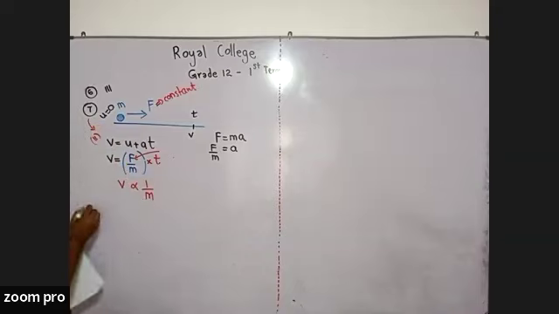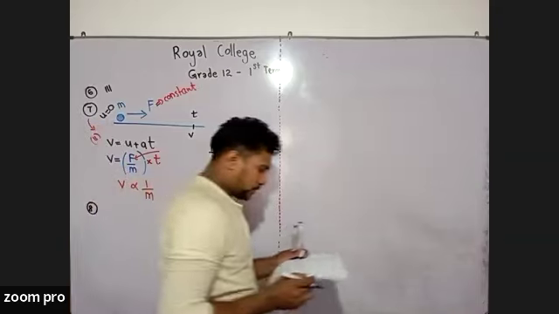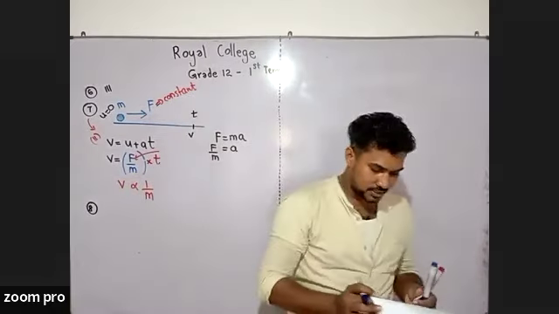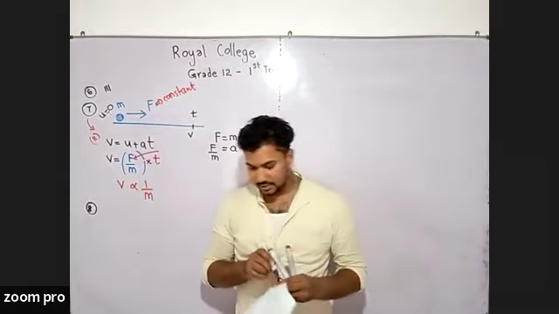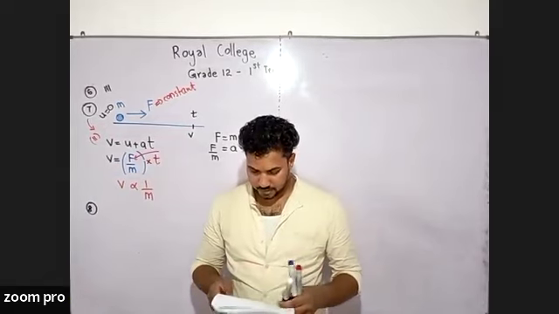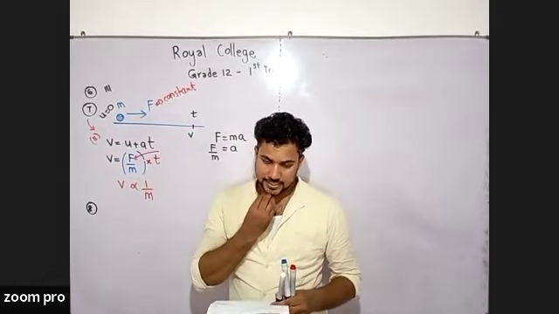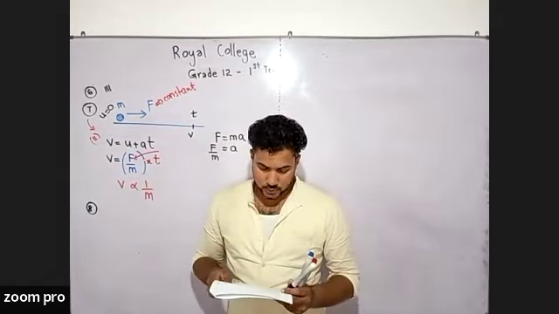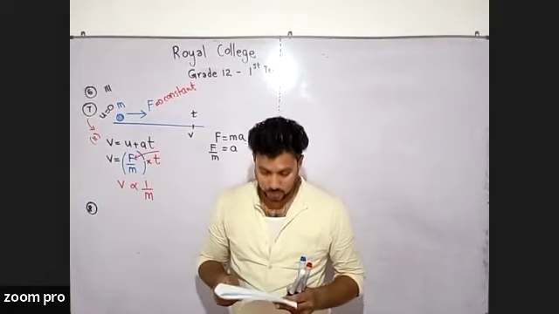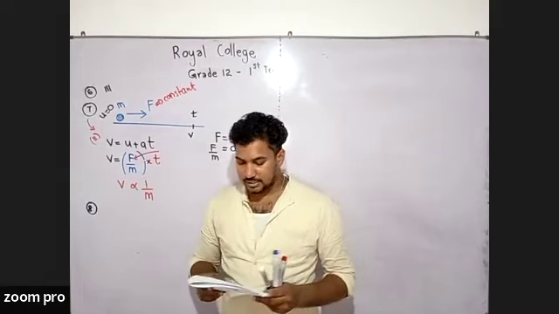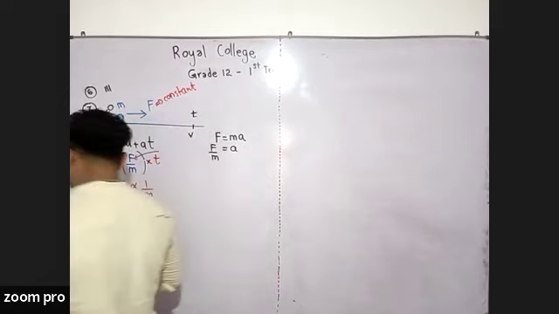In the eighth question, two students run at a constant speed in a circular path of constant radius, right? The first student completes 8 rounds while the second completes 6 rounds, right?